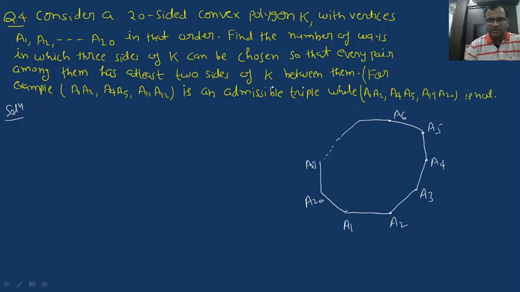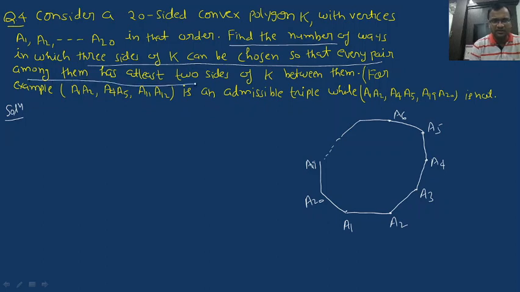Okay, we have to select three sides under the constraint that every pair among them has at least two sides of K between them. This is the condition. Find the number of ways in which three sides of K can be chosen so that every pair among them has at least two sides of K between them.